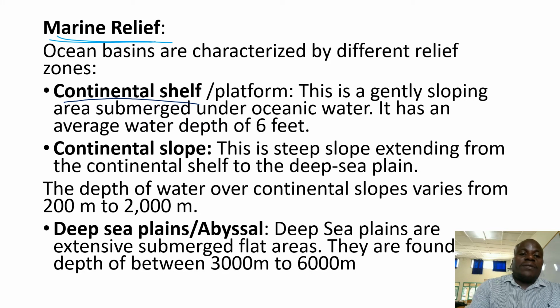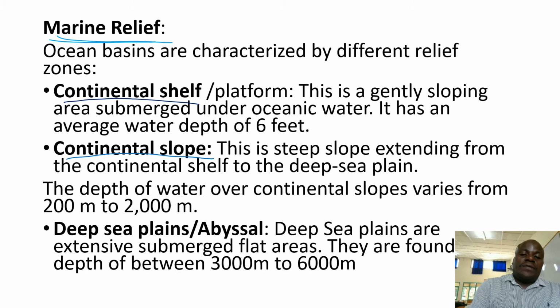Then we have the continental slope. This is a steep slope extending from the continental shelf to the deep sea plain. After the continental shelf, which is gentle, we go to the continental slope, which is steeper than the continental shelf.